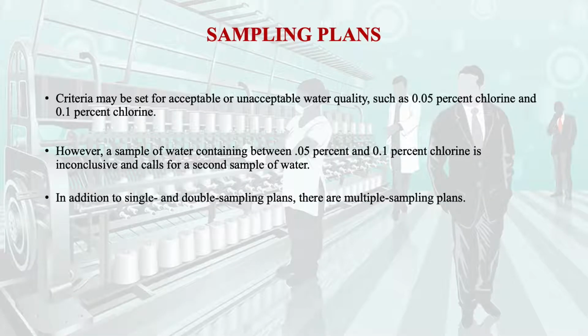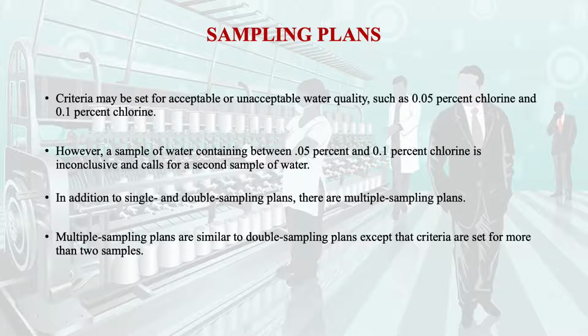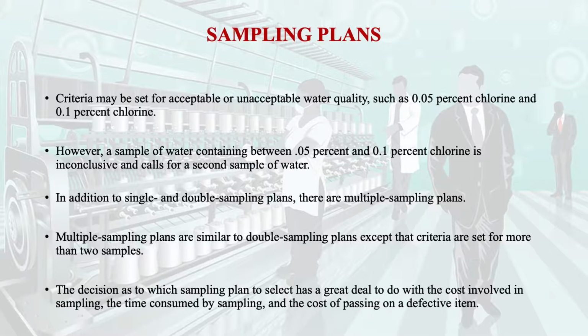In addition to single and double sampling, there is the multiple sampling plan. Multiple sampling plans are very similar to double sampling plans, except the criteria are set for more than 2 samples. The decision as to which sampling plan to select has a great deal to do with the cost involved in the sampling, the time consumed by the sampling, and the cost of passing on a defective item.